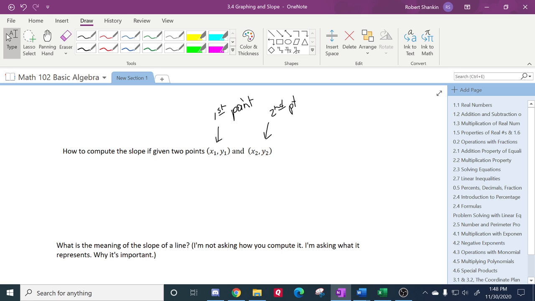I'm asking you what it represents, why it's important. So, kind of put this into your own words. And so, go to your group chat and type in your own interpretation. What does it mean, the slope of a line? And I'm going to have you read all the inputs that you get from your group in a minute.